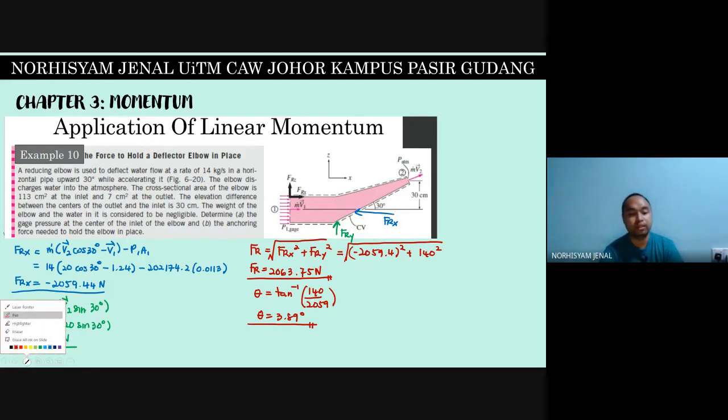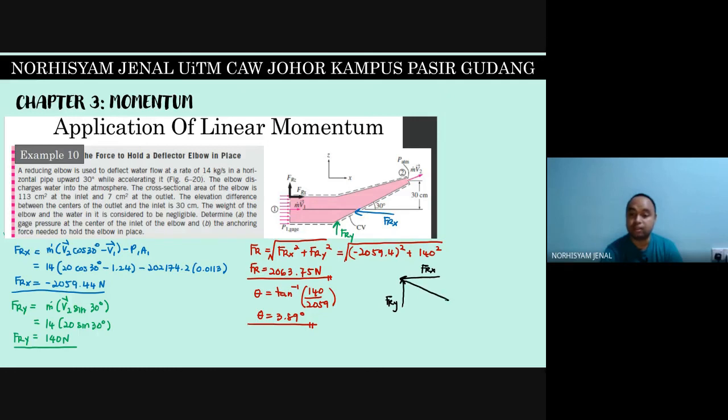Okay, because later on you need to show to us what is the amount of force acting towards the body. Okay, first, FRX is going to the left, so FRX this way. Okay, and then FRY is going to the top, so FRY is this way. Okay, so you have FR.